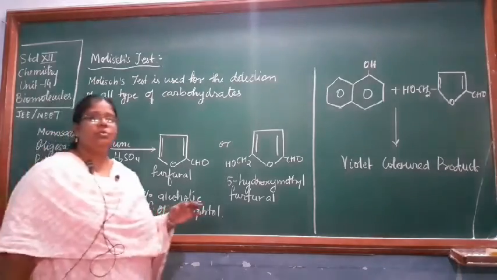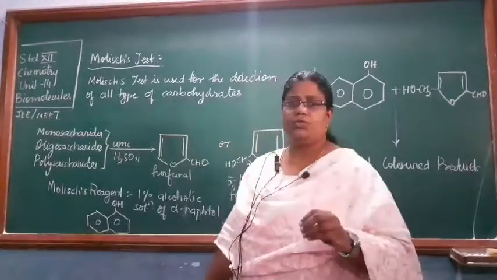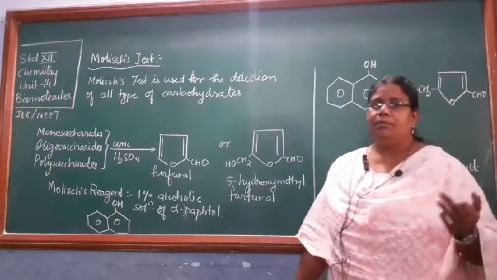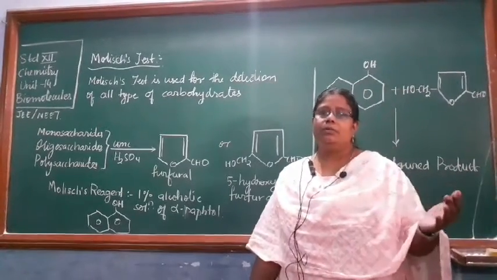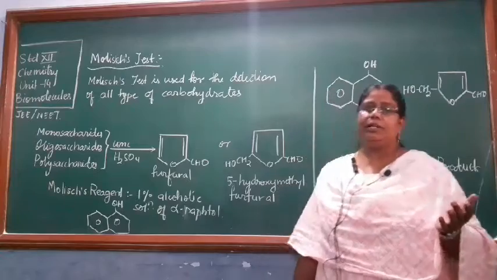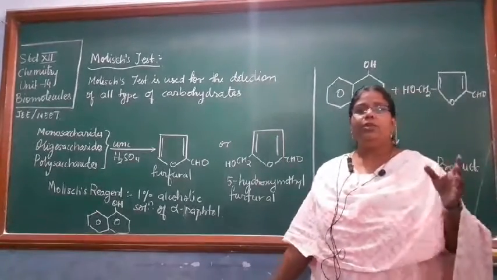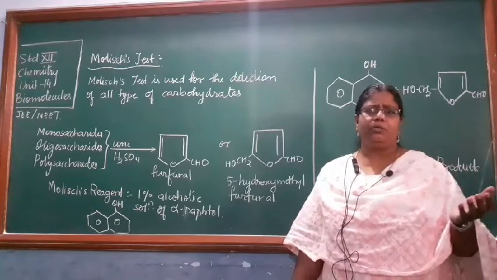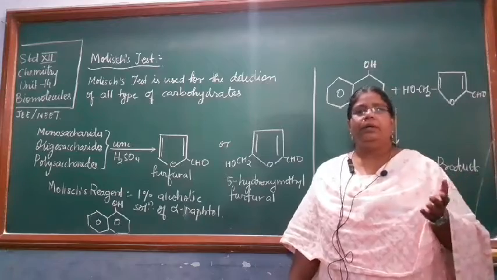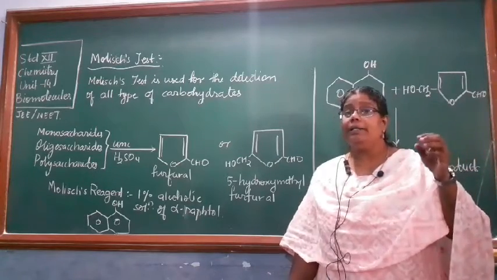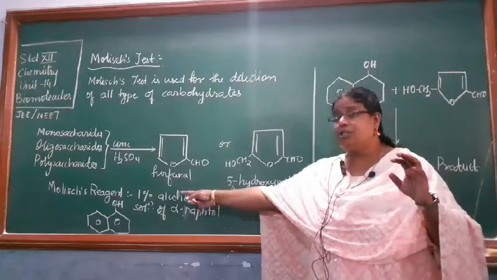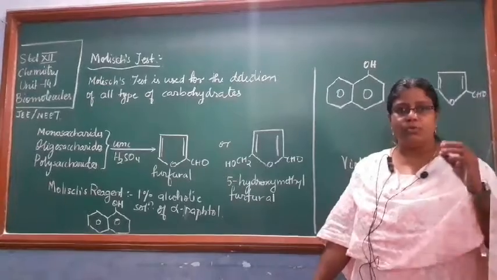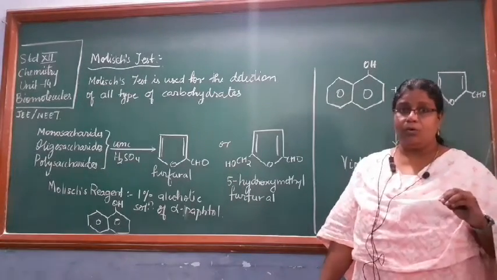So, now what are you supposed to do? In a test tube you will take, actually you were supposed to do it in the laboratory, but because of the situation certain experiments are omitted, so this is not included. Actually, in the Molisch test, you take any carbohydrate, your sugar or starch, anything. You add the Molisch reagent, which is a 1% alcoholic solution of alpha naphthol prepared in alcohol.